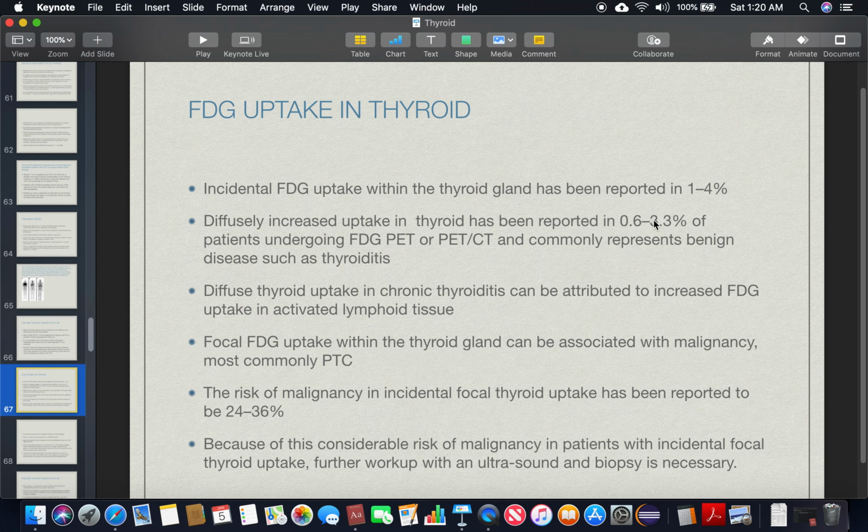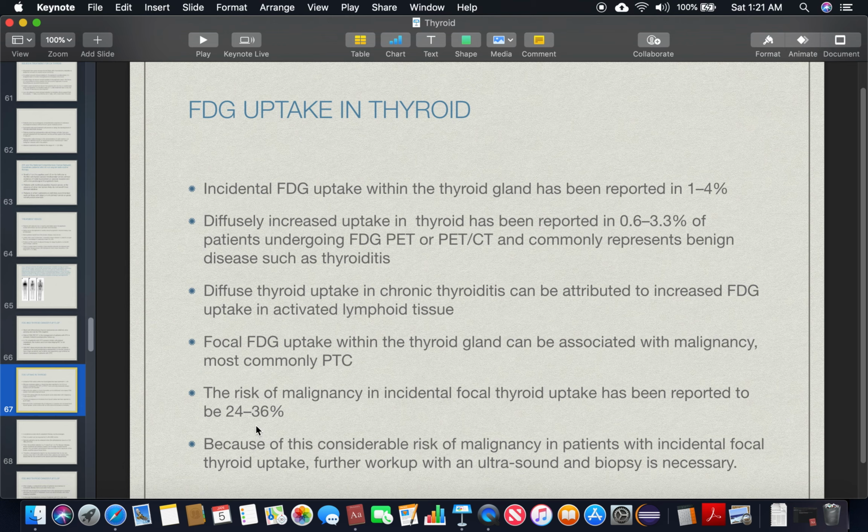If there is incidental uptake of FDG in the thyroid, what to make of that? If there is diffuse uptake, it is most likely because of thyroiditis, due to activated lymphoid tissue, whereas focal uptake in the thyroid gland is considered to be more important, and most commonly it is because of a thyroid cancer, so that needs to be taken seriously.